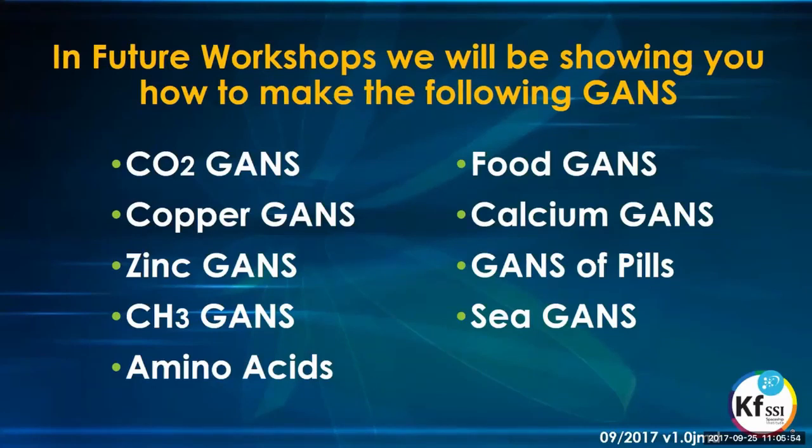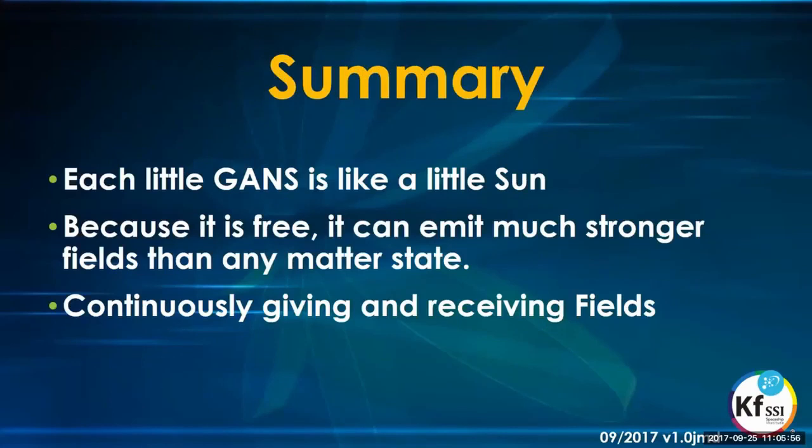So the summary of what the GANS is: if we view them as tiny little suns, tiny little round magnets that are constantly radiating, and because it's free, it's a tiny little entity all on its own, it's emitting a much stronger field than when it was attached to the matter state, and is continuously giving and receiving fields.